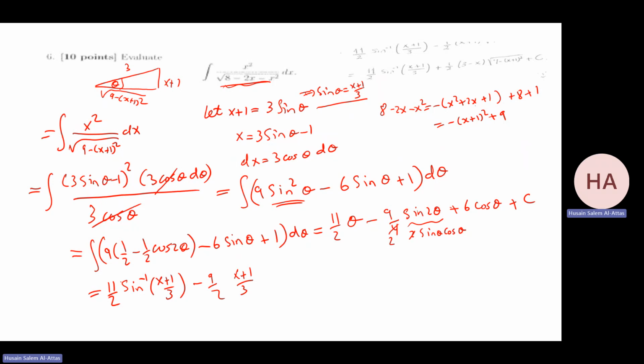Cosine is adjacent, which is the square root of 9 minus (x plus 1) all squared over 3. This is minus or plus? It's minus. Yeah, the cosine term is plus 6.